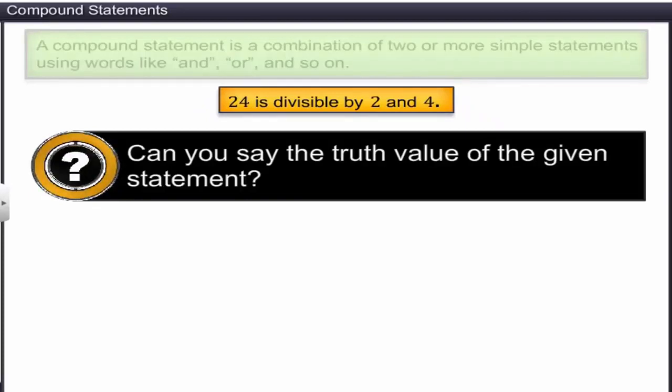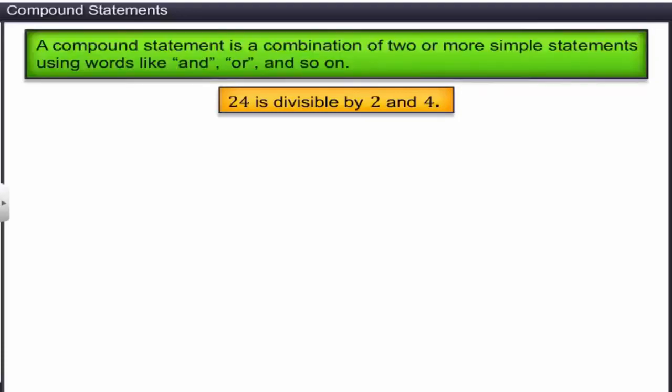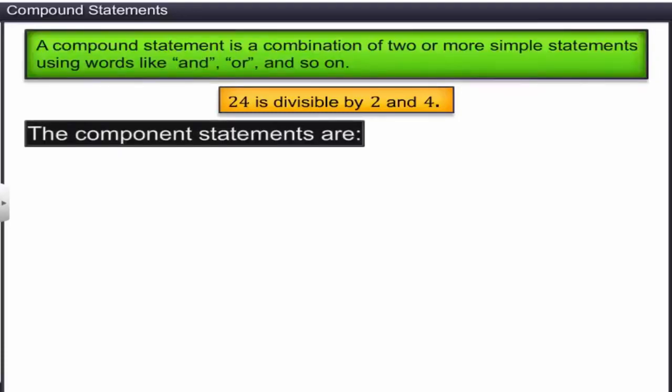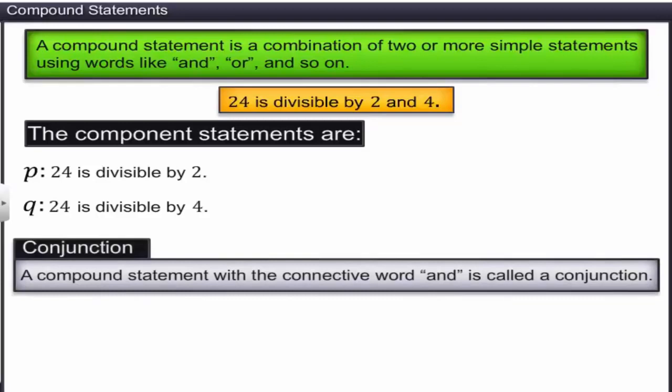In order to determine the truth value of the compound statement, we first need to find its component statements. The component statements of the given statement are 24 is divisible by 2, and 24 is divisible by 4. The connective word is and. A compound statement with the connective word and is called a conjunction.